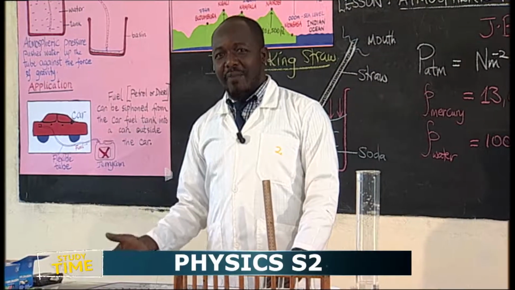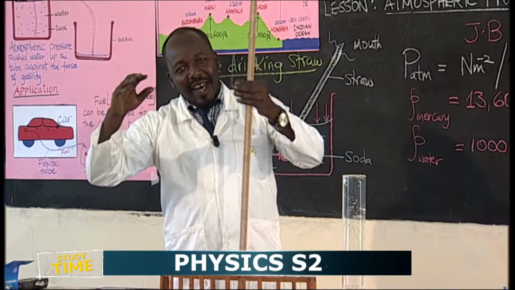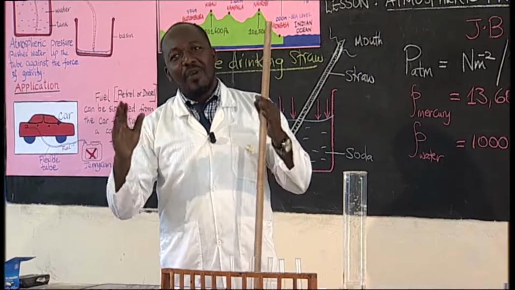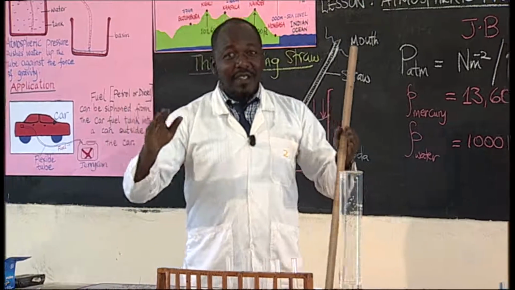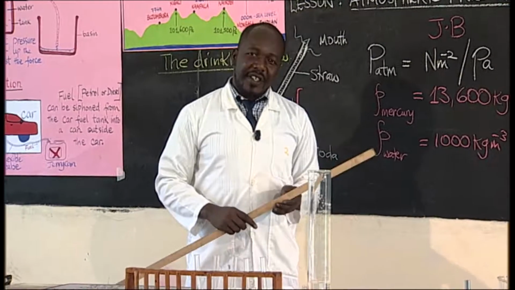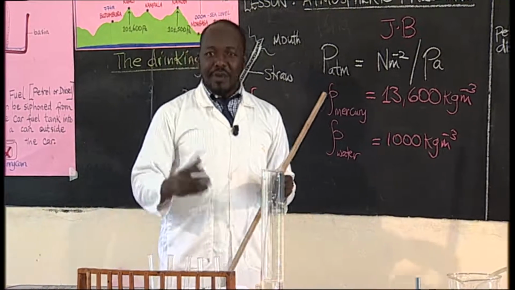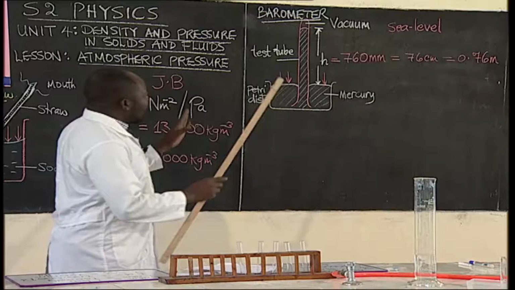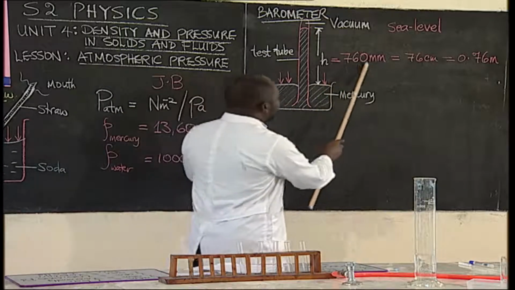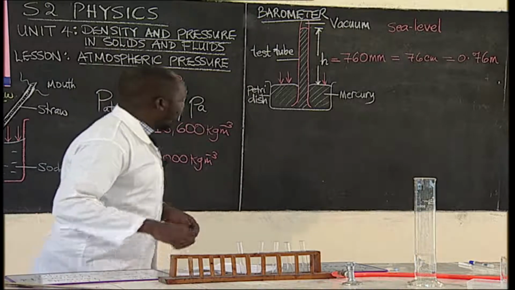If you are going to fly a plane, you need to know the pressure at the heights where you are going to fly your plane, because the turbulence can easily affect how a plane moves in the sky. And that knowledge of atmospheric pressure is very important. And so this 760 millimeters is called the standard atmospheric pressure.